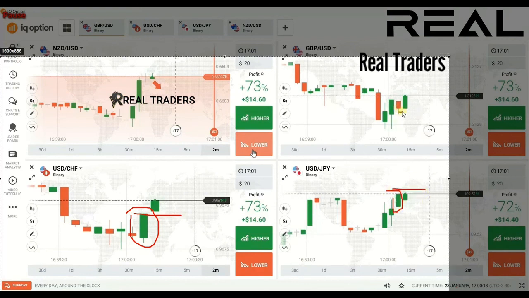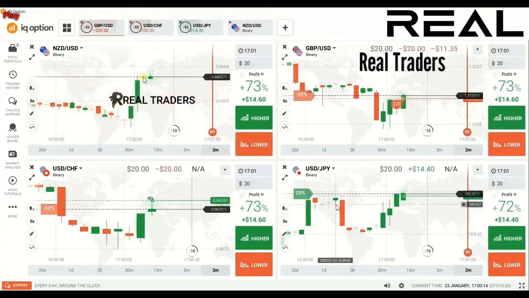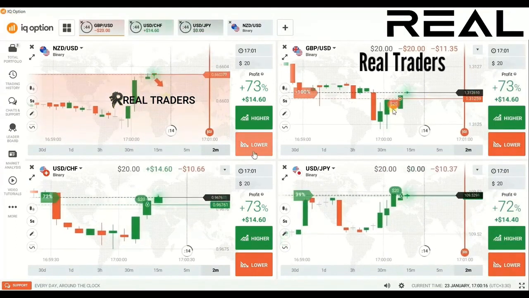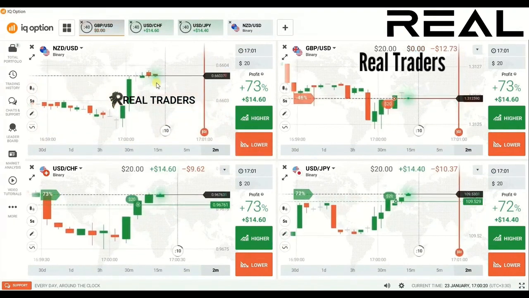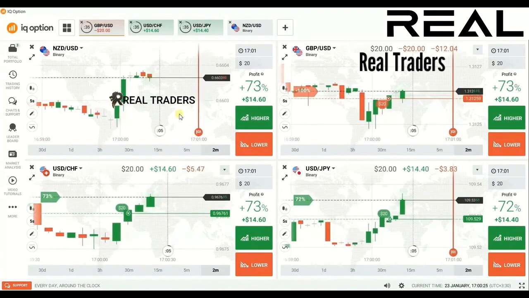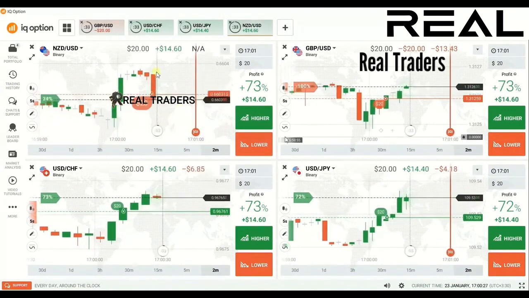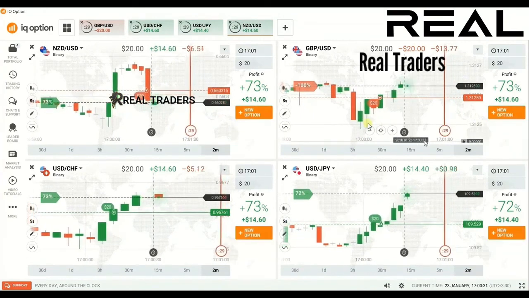Here there is still no confirmation, but I place my trade directly here, but you should always wait for a confirmation. But here you can see I'm waiting for a bearish confirmation. Still there is no confirmation, and now you can see I got my confirmation.